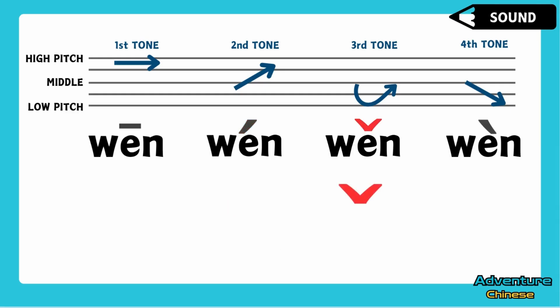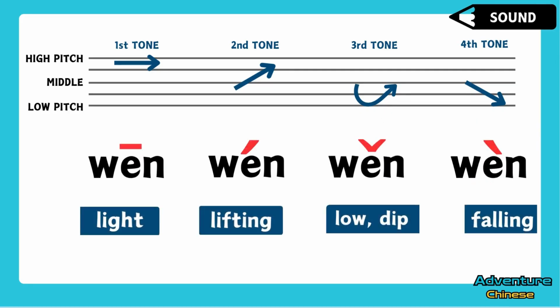The third tone is shaped like a V or a check mark. The third tone has a deep and low pitch. The fourth tone is the lowest tone, with a downward pitch. Sounds firm and angry. Now, let's listen to these 4 tones.